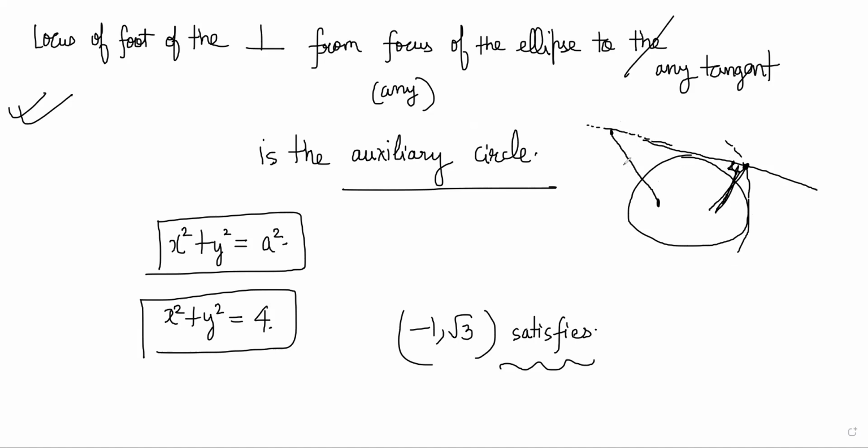That doesn't make sense. It will cut here, right? The figure is obviously wrong, but maybe this angle will not be 90, but one side at least it will be 90. You will have to draw a few figures and see what is happening.